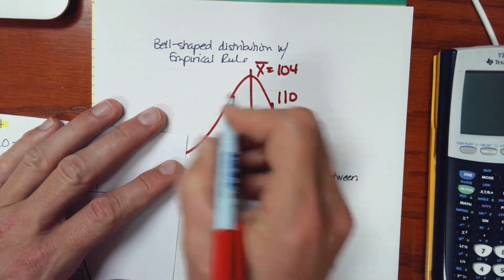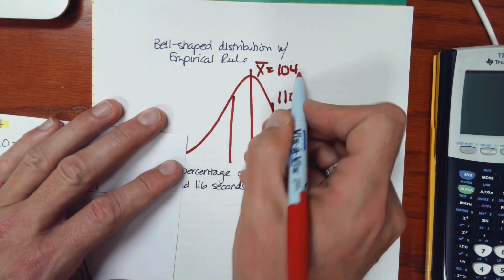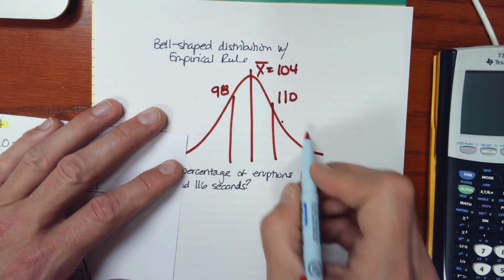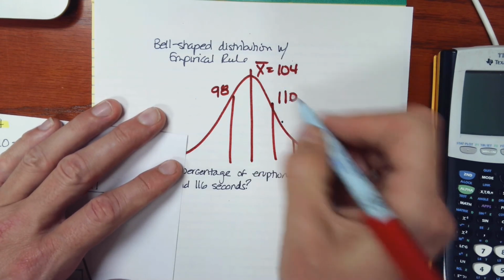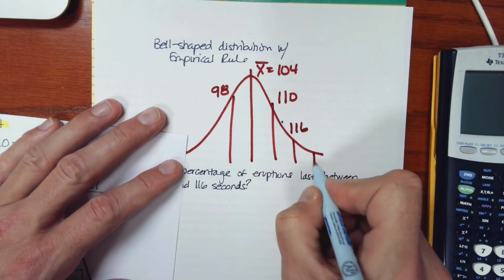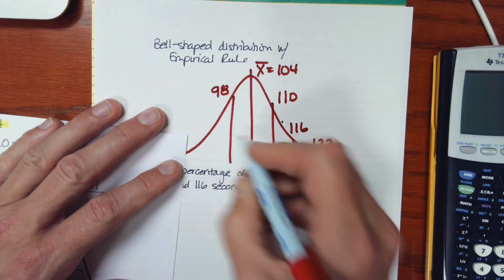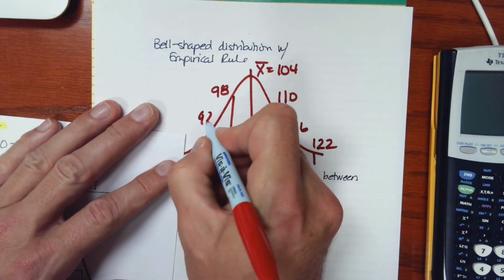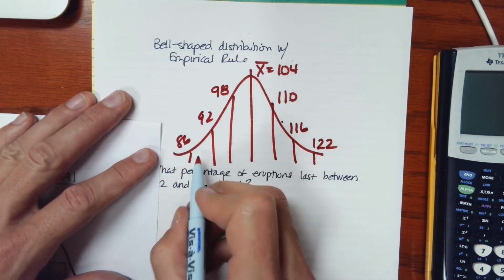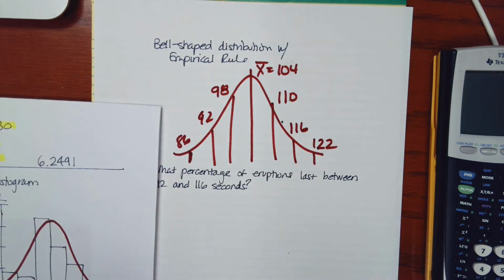So this would be 110. And 104 minus 6 is 98. If I go another standard deviation, I'd add another 6. And one more time, this would be 122. Subtract 6. And again, so those are the markers there.